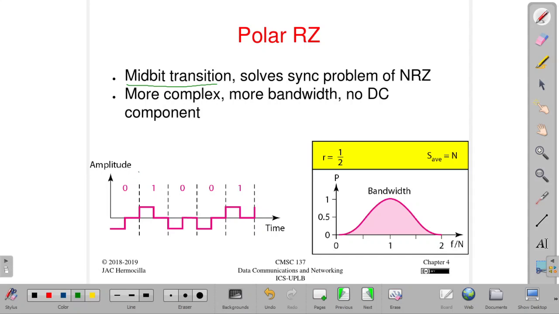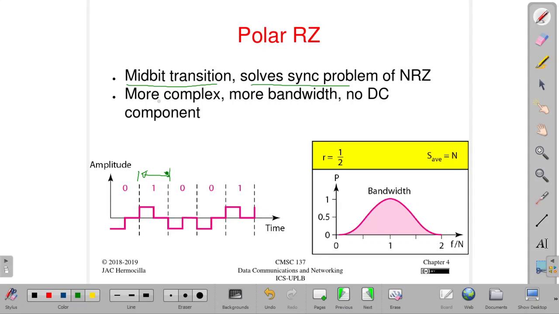So remember that this is the bit duration. This is the duration of a bit. There is a mid-bit transition here, and the advantage of having a mid-bit transition is that it solves the synchronization problem discussed earlier.